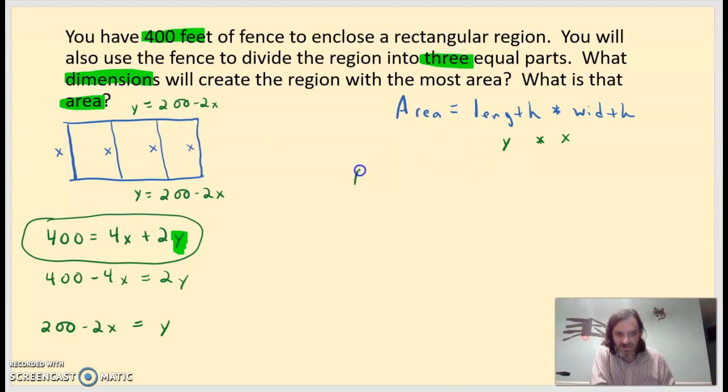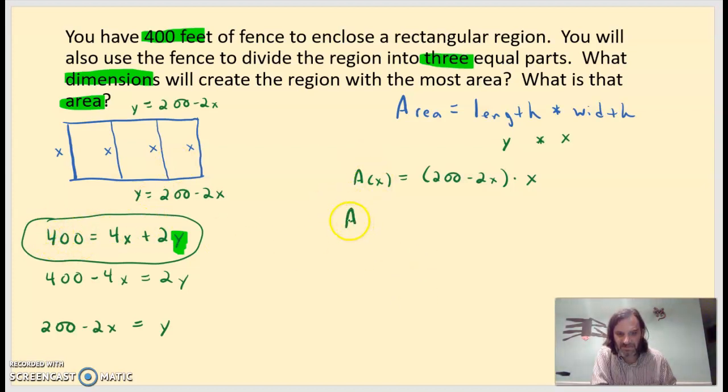So now our area, which can be a function of x, will be the length, which is 200 minus 2x, times the width, which is x. Okay, you don't need to take into account all these divisions when adding up the area, but you do need to take these dividers into account by dividing up that 400 feet of fence.